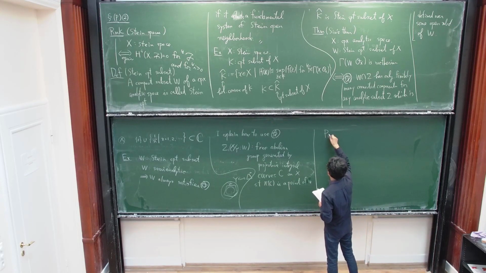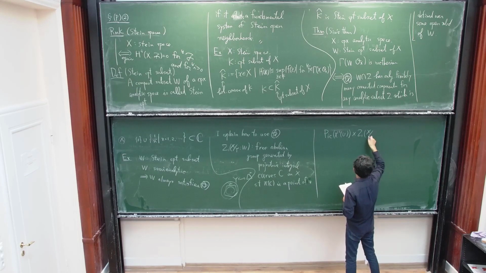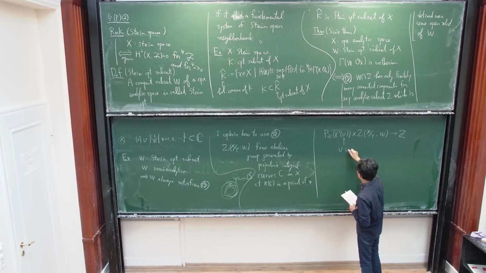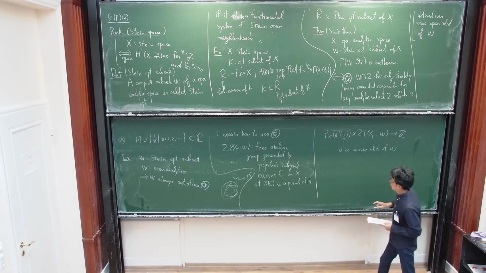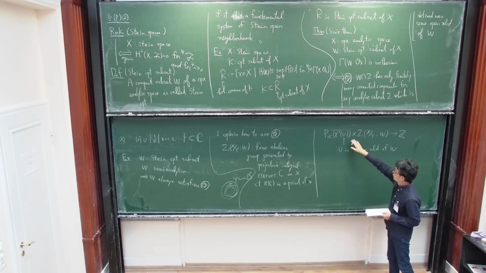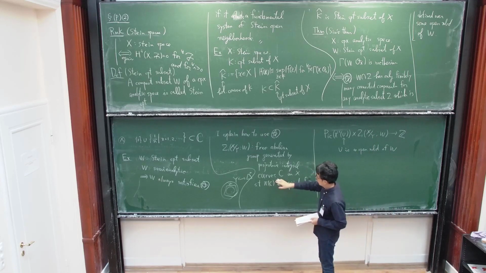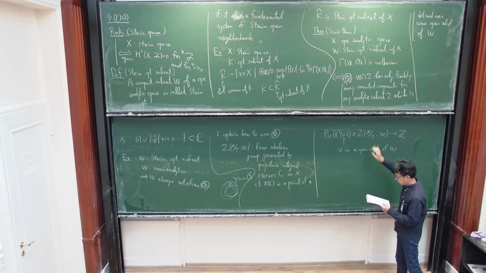In this case we can consider the following intersection pairing, where U is an open neighborhood of W. The element of Pic is a line bundle defined over some neighborhood of W. The element of the cycle group is generated by a projective curve which maps into W, so we can define the intersection pairing.